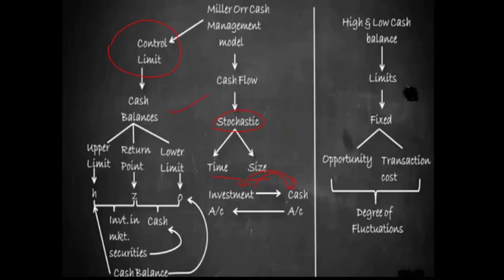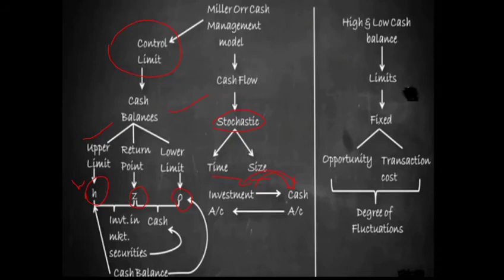The control limits are classified as the upper limit, which is expressed as h. We will denote the upper limit as h. Then there is a return point which is expressed as z. And there is a lower limit which is expressed as 0.